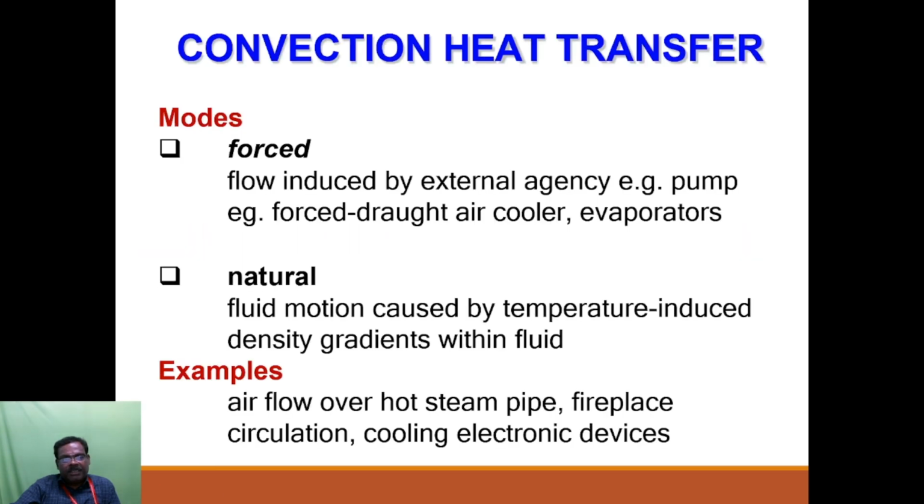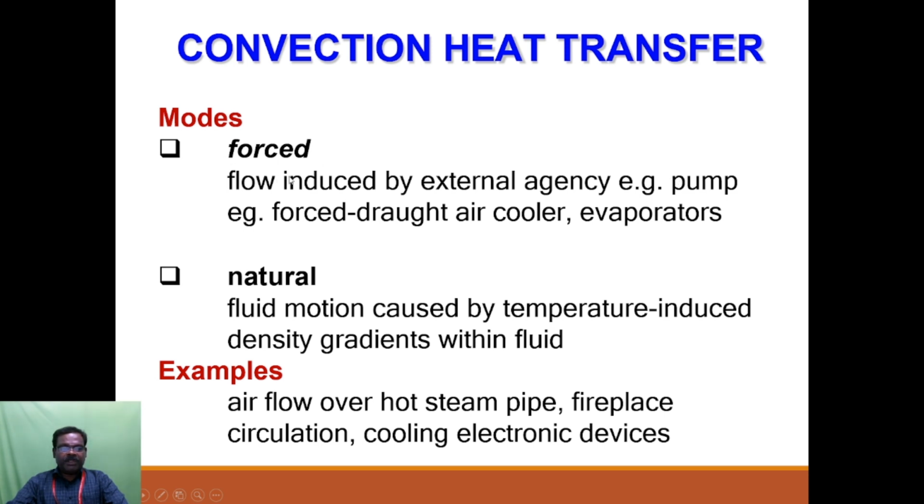Then, as I told you, you have different types of convection heat transfer: forced convection and natural convection. Forced convection is heat transfer between the surface and the fluid by means of some external sources, by external sources meaning you are using a pump, centrifugal compressor, whatever it may be.